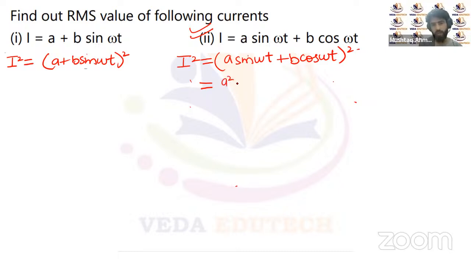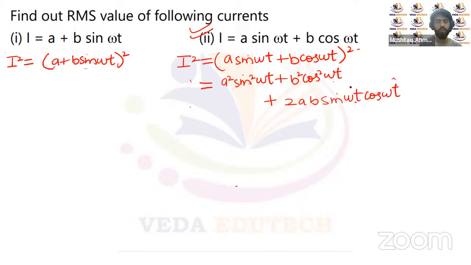It will be a square sine square omega t plus b square cos square omega t plus twice ab sine of omega t cos of omega t. So this is the value of I square.